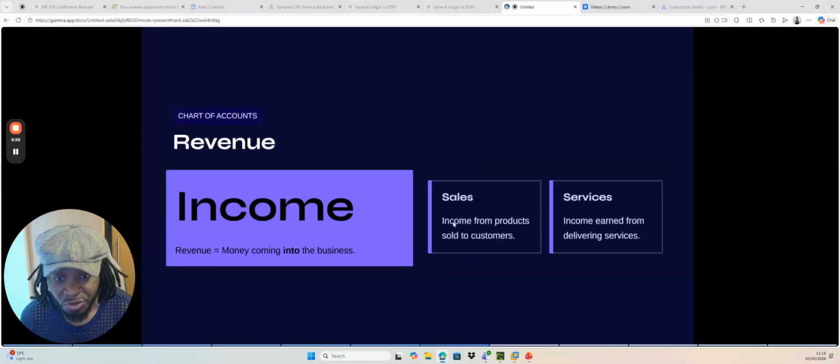And then your revenue will be sales from the products you have, services you've rendered and you expect payment for, or the payment you get from them. At times you mostly hear income: money coming into the business. That's your revenue in very simple terms.